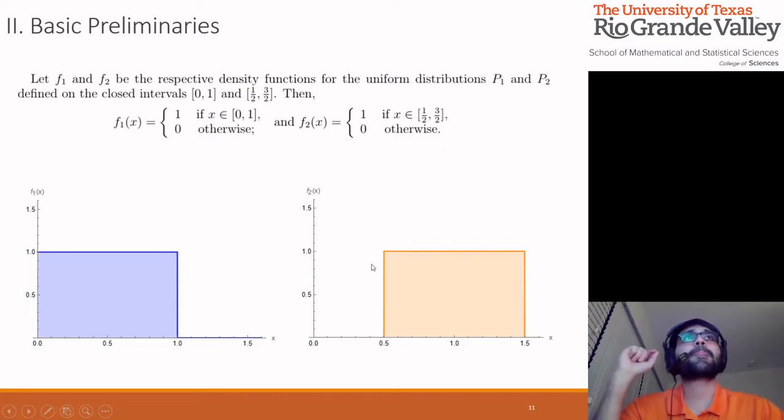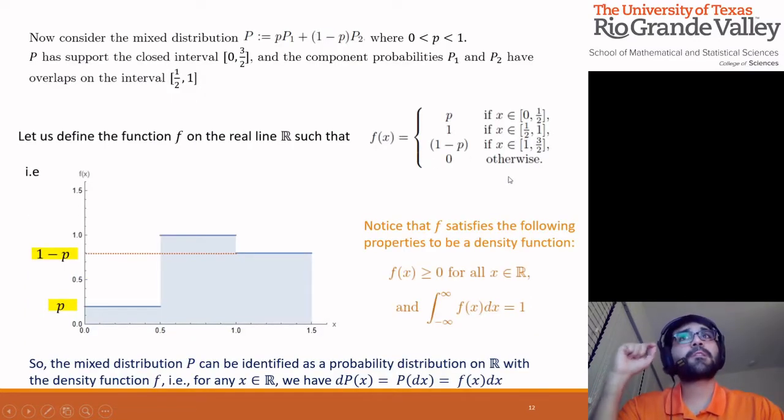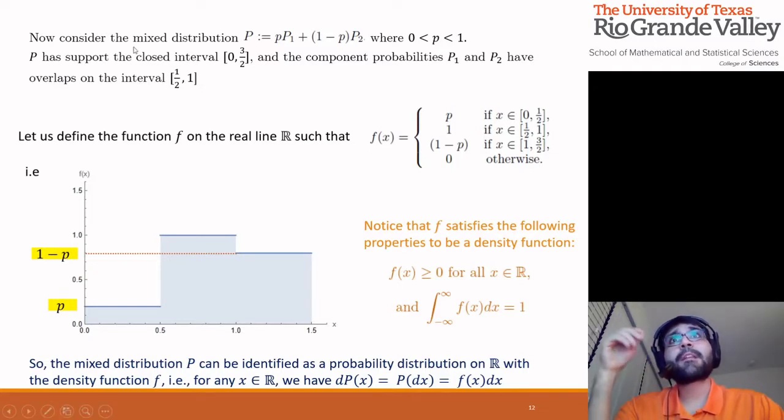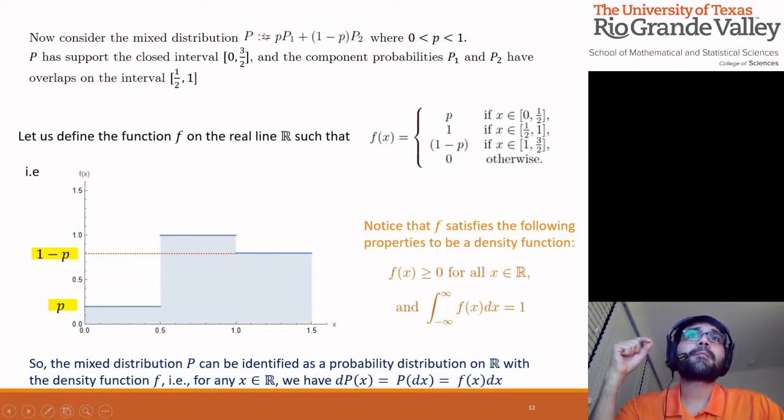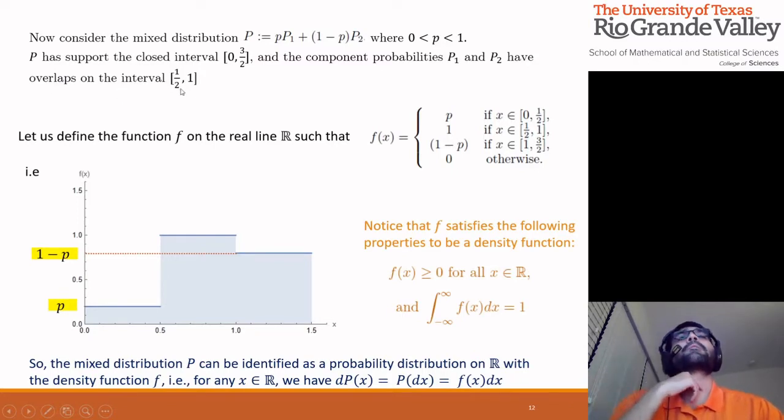Now, as we mentioned in section 1, let's consider the mixed distribution defined by this expression, where p is between 0 and 1. We can see that P has support on the closed interval 0 to 3/2, and the component probabilities P sub 1 and P sub 2 overlap on the interval 1/2 to 1.